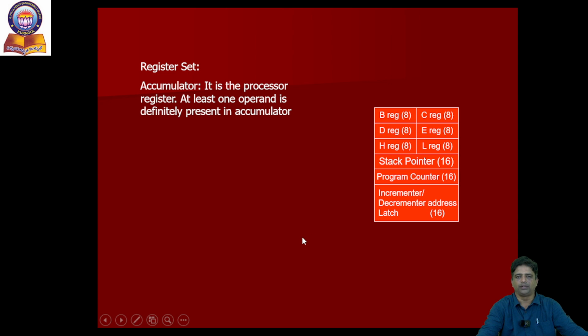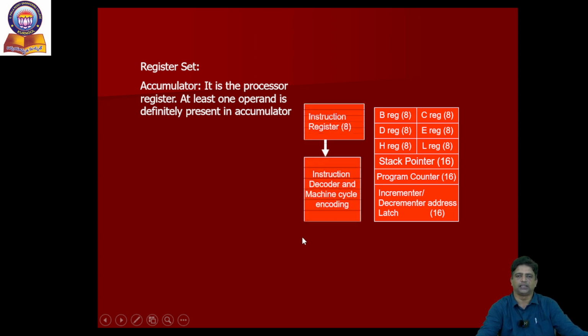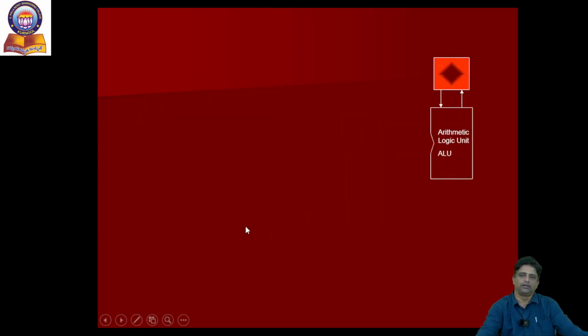In support, we will have the program counter addressing operating registers. Then we will have the instruction register, which is of 8-bit size, which analyzes the instruction which is to be executed next.